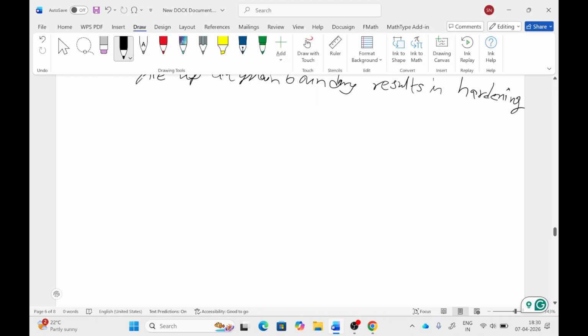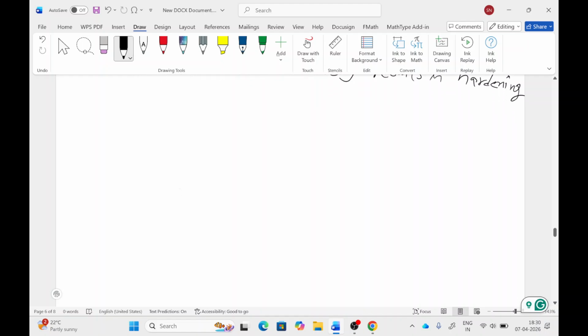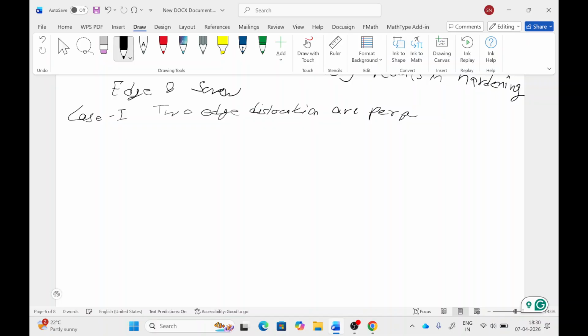Second thing, dislocation interaction. We know there are two types of dislocation, edge and screw. So there are four cases where edge and screw dislocations interact. The first case we study is when two edge dislocations are perpendicular to each other.